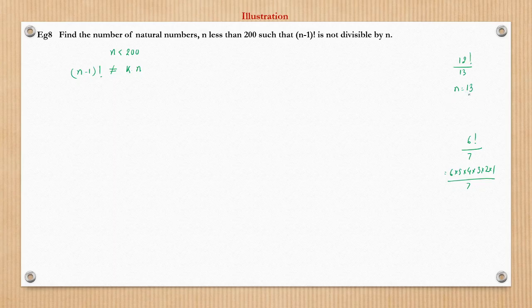That is, for all prime numbers it is true. Even for 2, 1 factorial by 2 is not divisible. So for all the prime numbers we can say so, right?